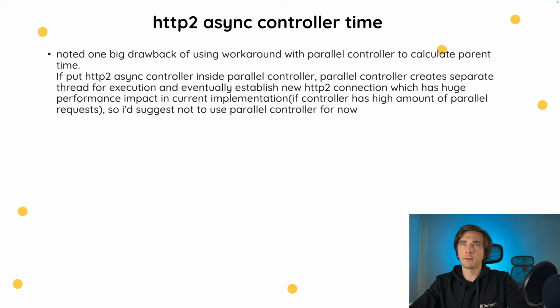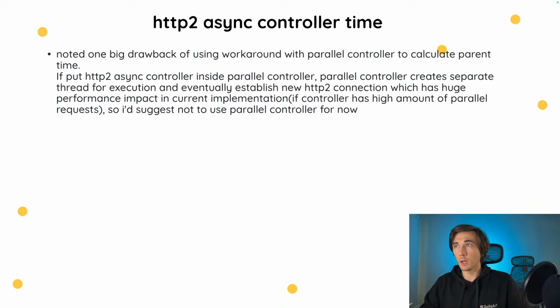So let's say you have initiated the connection. Your async controller is executed, it's fine, but then you add a parallel controller as the next step, with an async controller inside it.